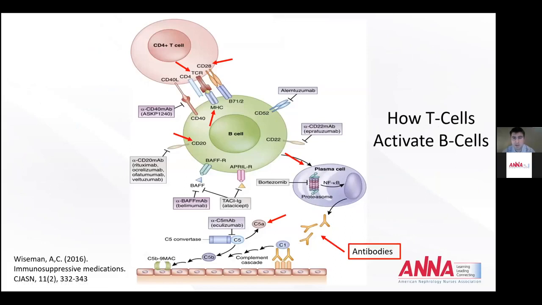This is a breakdown also. I took it from Wiseman, but I love it because it's a breakdown of how T cells activate B cells. And I want you to pay note to my little arrows. So as you can see, this pink looking cell, this CD4 T cell on top, has receptors. There's a bunch of receptors on T cells, and all immunosuppressive medications usually try to target pathways or binding sites.